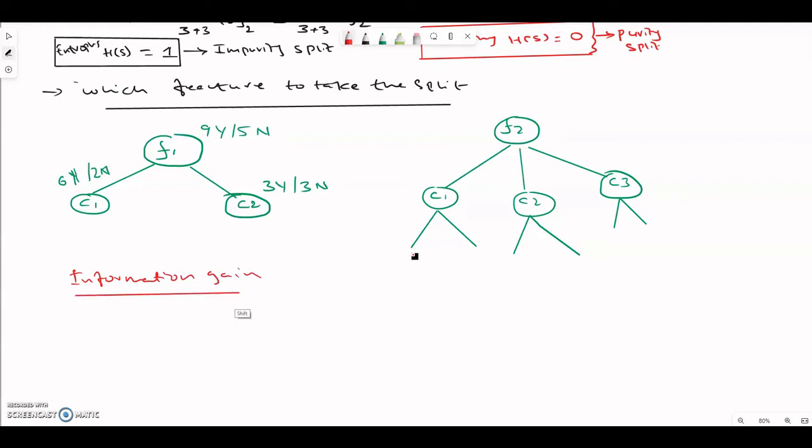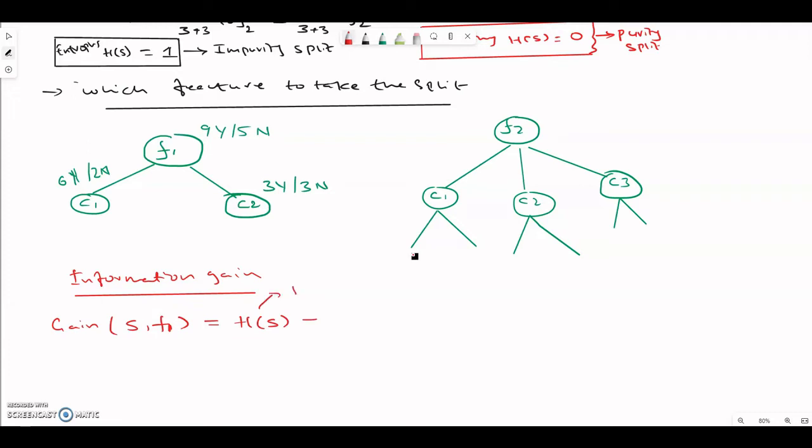Now let us understand the formula for information gain. It will be written as Gain(S, F1), where S is a sample and F1 is a feature, is equal to H(S), which is called entropy.